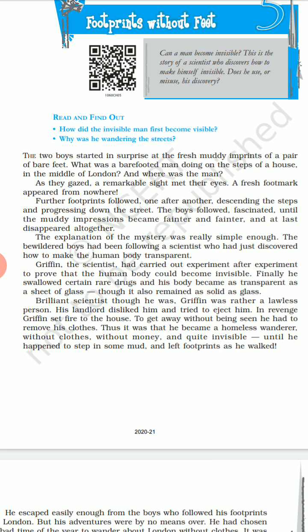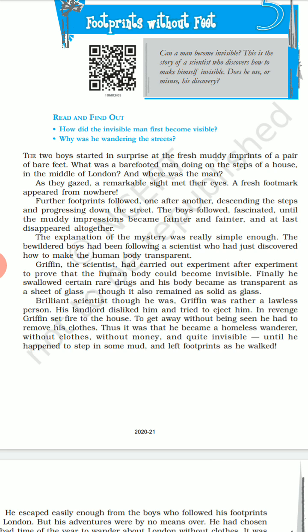Homeless wanderer means a person who just goes on wandering here and there, and doesn't have a proper house. Homeless means he doesn't have a home. So he became a homeless wanderer, and he wandered without clothes, without money, and quite invisible. Others couldn't see him.